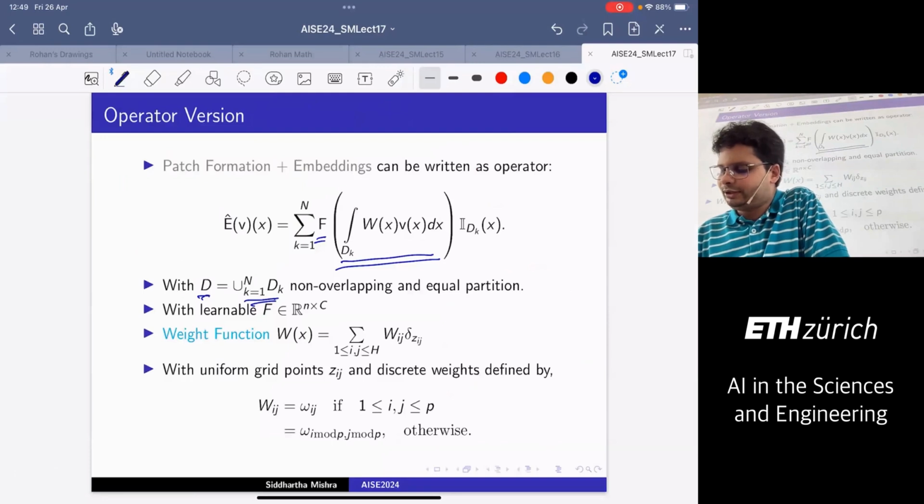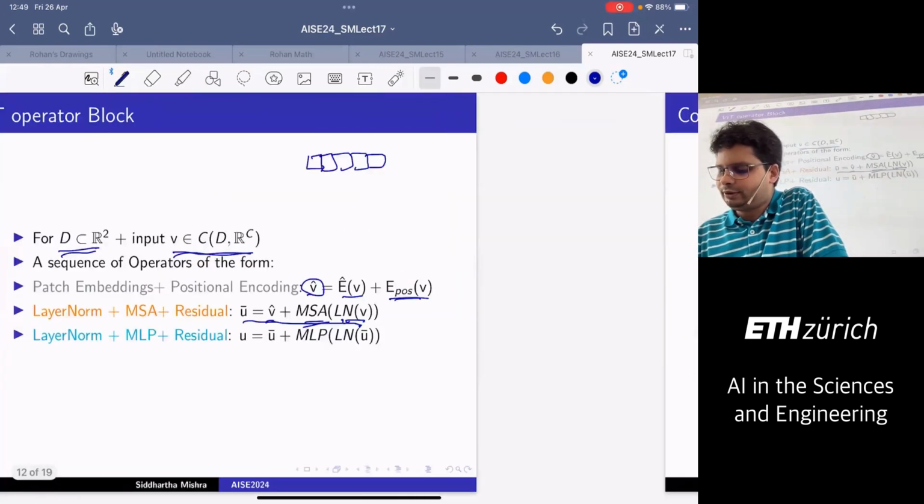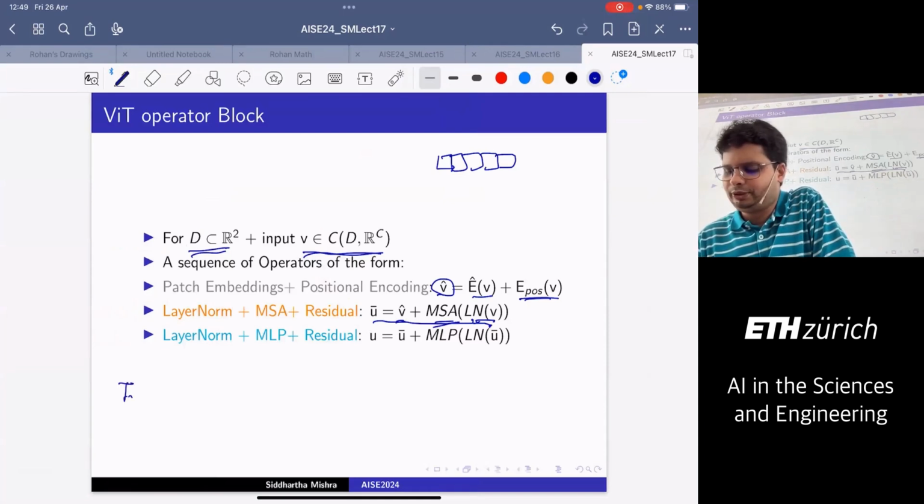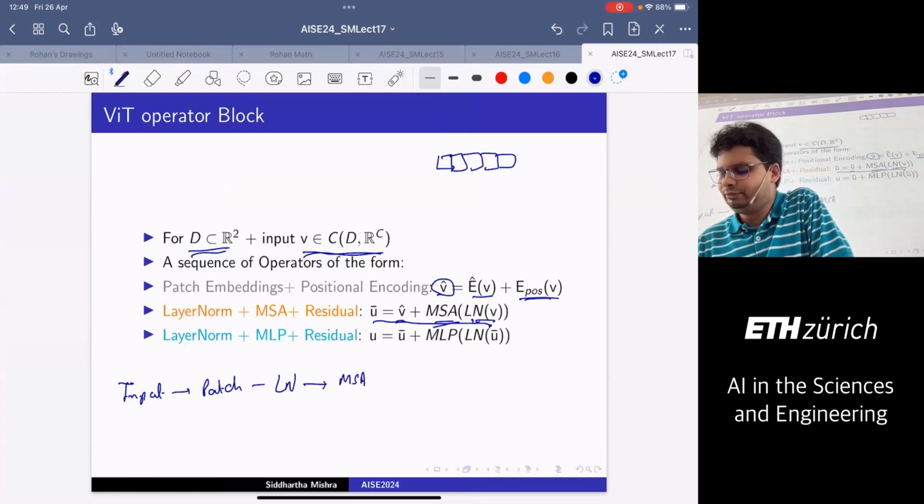So okay, where is it now? Here. So as you can see, you start with your input. Let me write it down. So you have your input, then you do patch, then a layer norm, right? So patch, layer norm, then the multi-headed self-attention, right? And then the input plus the residual. This is your new input.